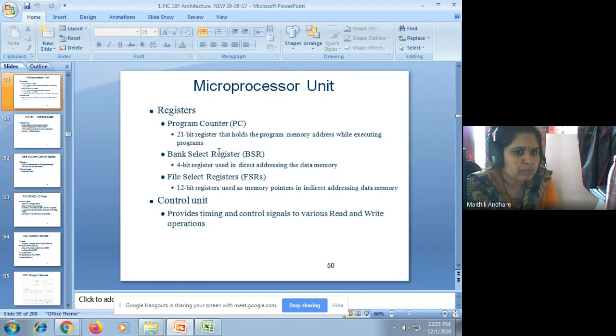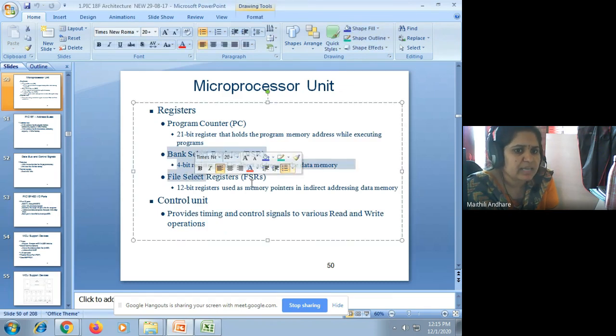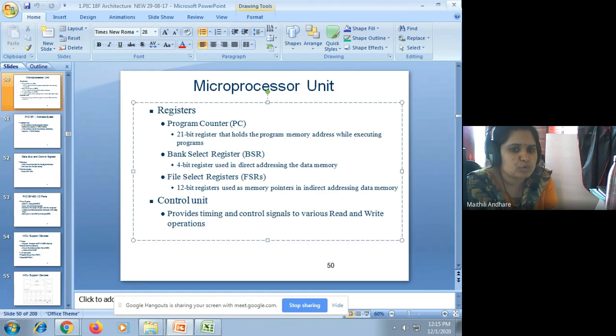Then the program counter. The new concepts in the PIC microcontroller are BSR and FSR, which are not available in the 8051 because the data memory structure is very simple in the 8051. We will see what BSR and FSR mean. They are the registers used to access the data memory and the control unit.